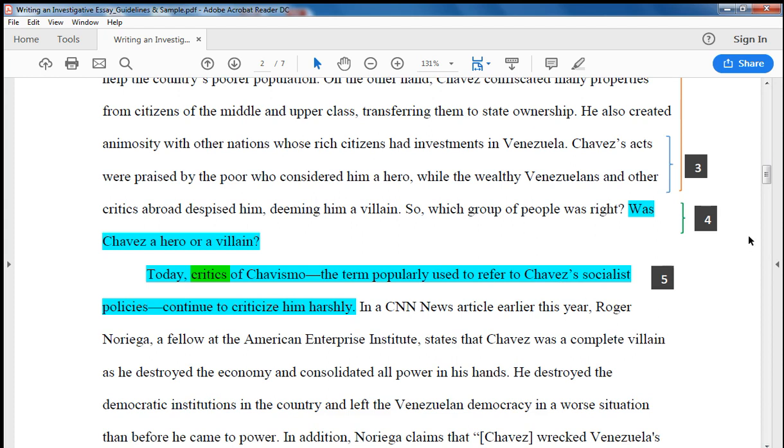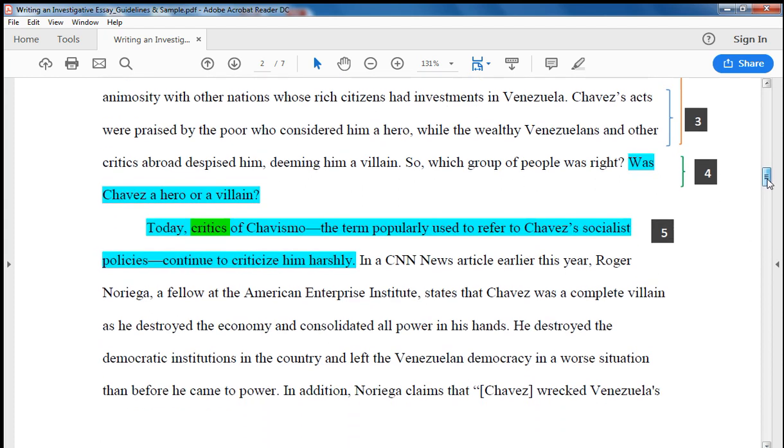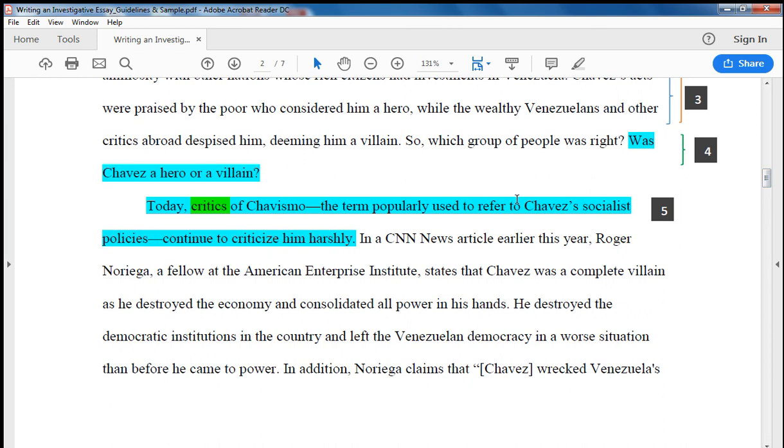Good. And so we move on to the body of the essay. And here we notice that the student clearly indicates, using the topic sentence of her first body paragraph, which side of the debate on Hugo Chavez she is going to deal with first in her essay.